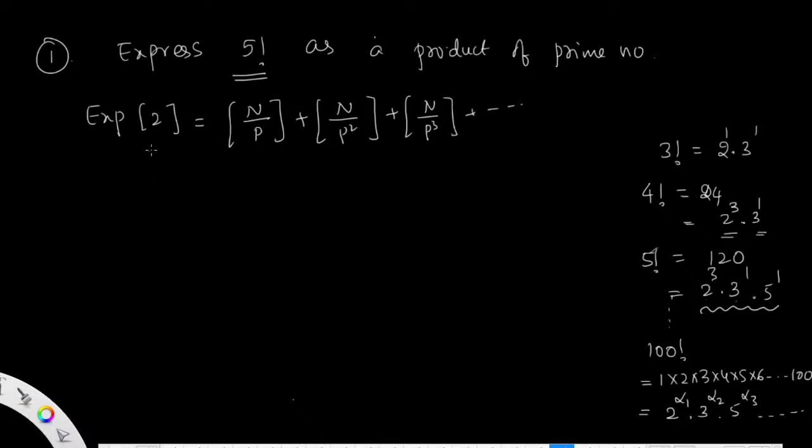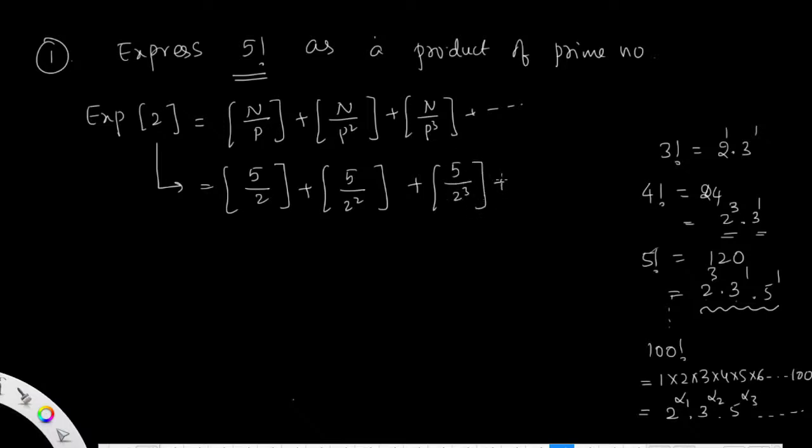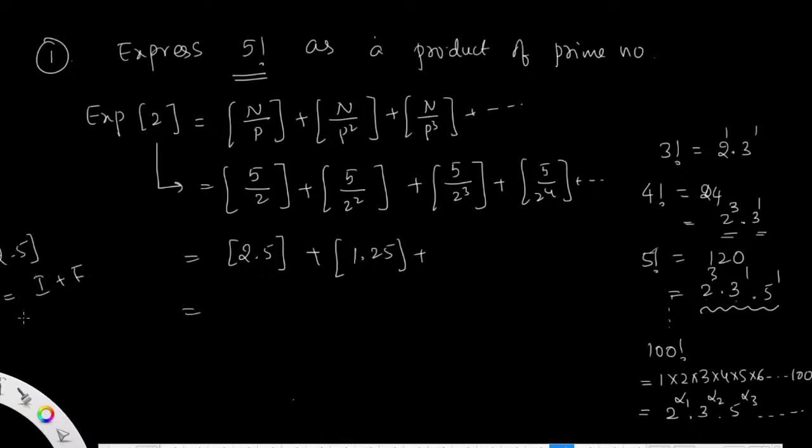Here p is 2 and n is 5, so floor of 5 by 2, floor of 5 by 2 square, floor of 5 by 2 cube, and floor of 5 by 2 power 4, like this we will do. 5 by 2 is 2.5, and 5 by 4 is 1.25, and 5 by 2 cube we cannot get, so only 2 terms are enough. The floor of 2.5 we can write as integral part plus fractional part, that is 2 plus 0.5. Then always you take the integral part value only.